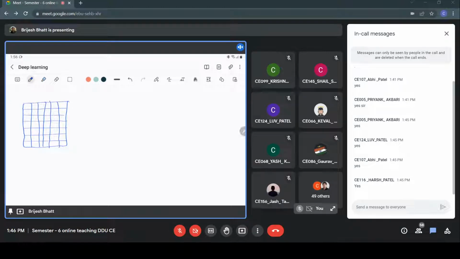In this case, let's say if it is a 28 cross 28 image, as the example we took last time, then that many input layer neurons are required. The other thing you can do is some feature engineering, like line extraction or curvature extraction, and based on that you can make predictions. So these two things you need to do with a traditional neural network.